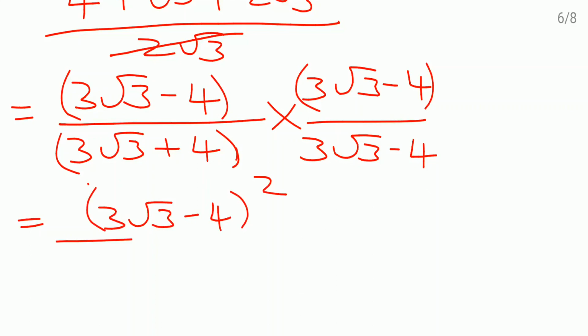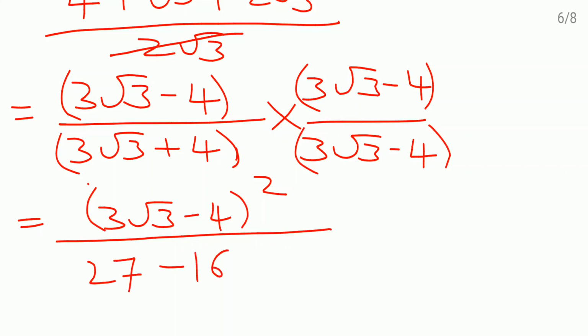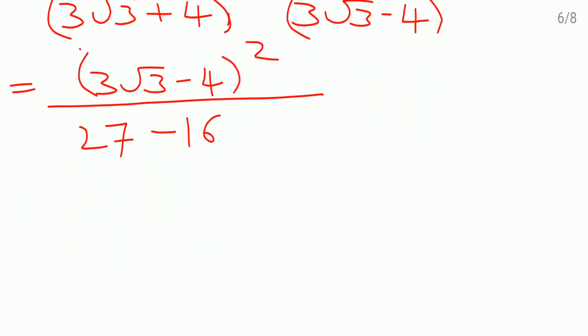And at the denominator, a plus b and a minus b. So identity is a square minus b square. So 3 root 3 square means what? 27. And minus 4 square is 16. Now I need to make the square of this bracket. A minus b, the whole bracket square identity.